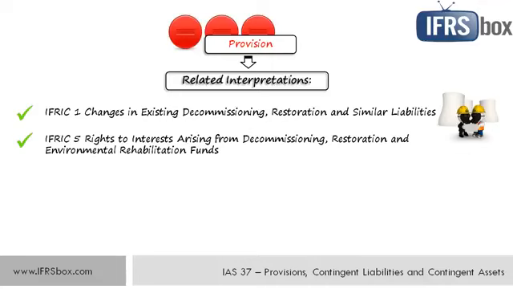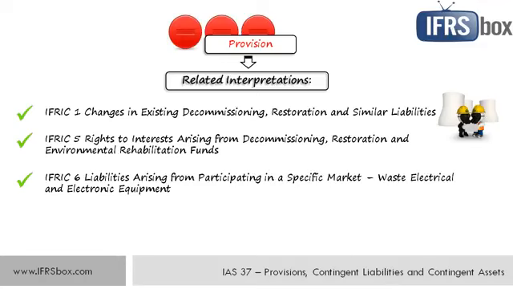IFRIC 5, rights to interests arising from decommissioning, restoration, and environmental rehabilitation funds, is closely related to the first IFRIC, number 1, and it applies when a company contributes to a fund for reimbursement of these expenses. IFRIC 6, liabilities arising from participating in a specific market, waste electrical and electronic equipment. Well, this IFRIC specifies when the producers of electrical and similar appliances sold to households are liable for decommissioning of electrical waste.